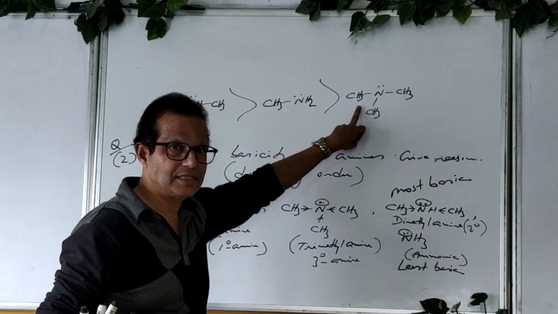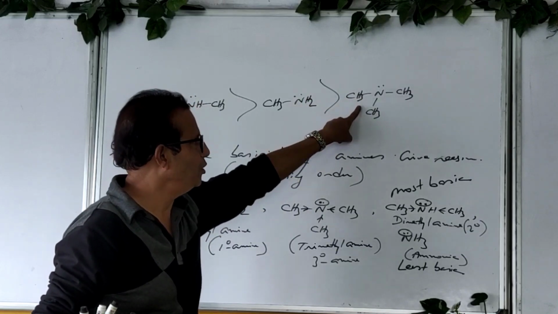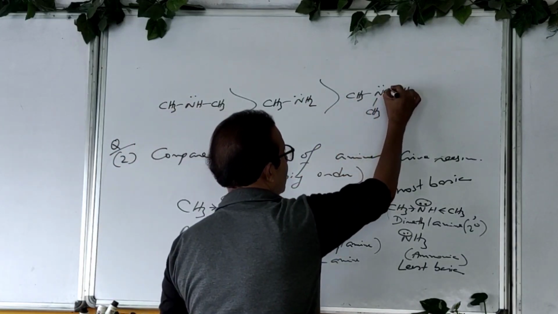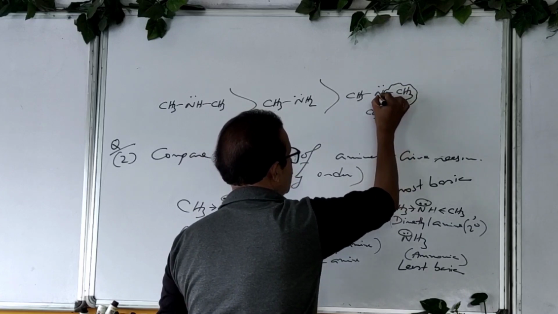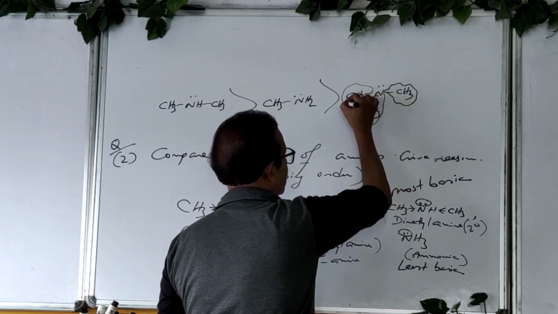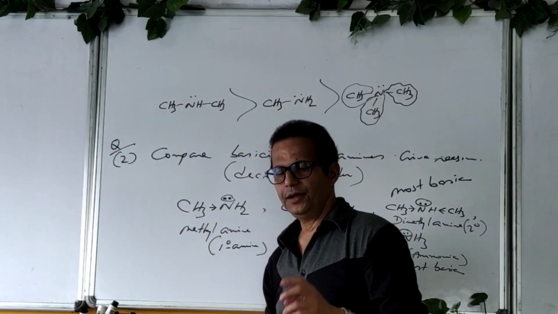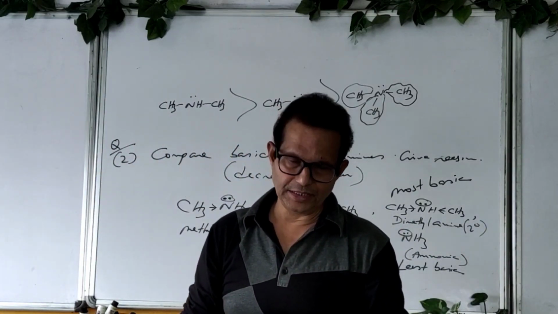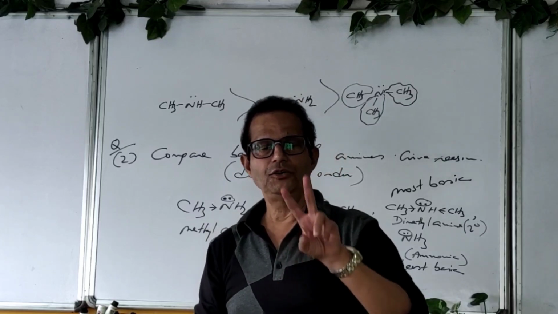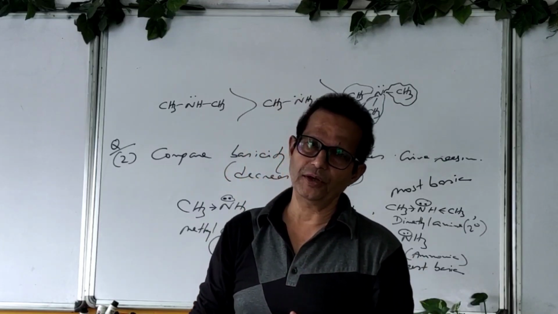Why trimethylamine is less basic than methylamine? Due to steric hindrance, that is bulky group effect, protonation becomes difficult here. Actually, I have already told you in basicity of amines, 2 main factors are to be considered.